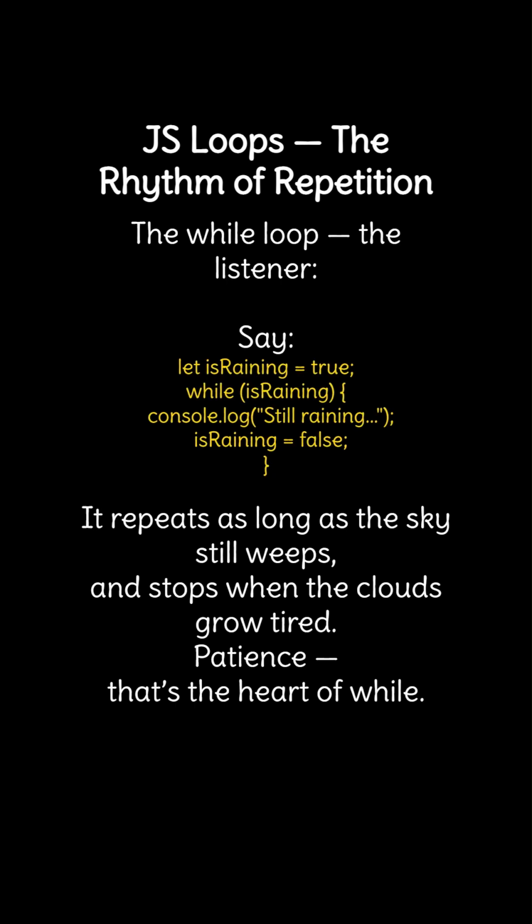The while loop. Say, let isRaining be true. While isRaining is true, print the words still raining. Then set isRaining to false.